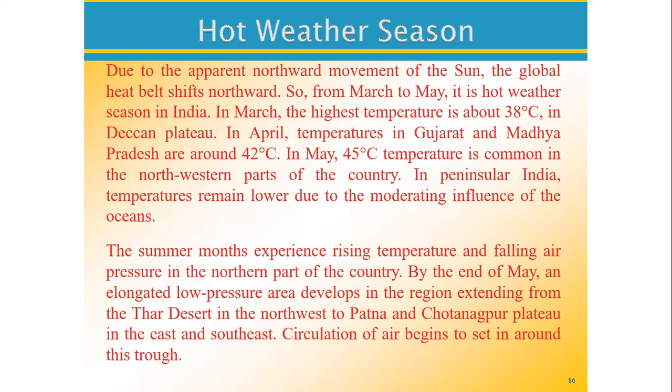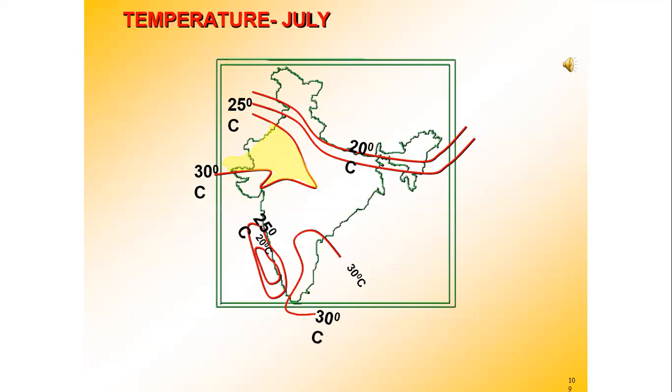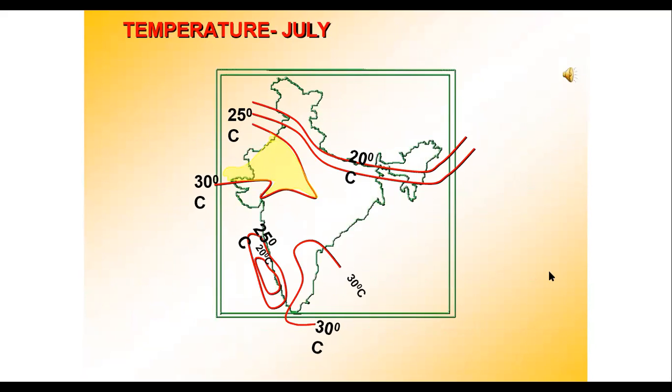Circulation of air begins to set in around this. So you can see the shifting of the heat belt. It happens during March to May at different latitudes.